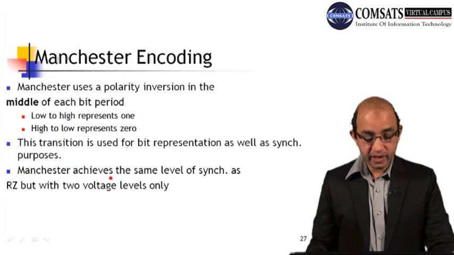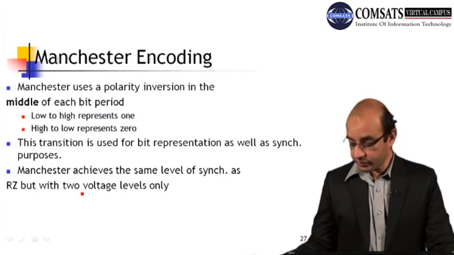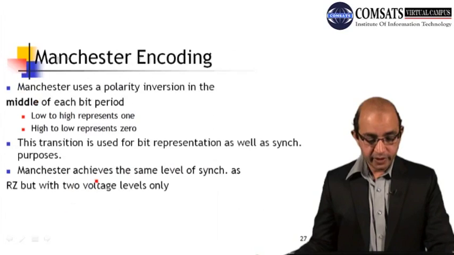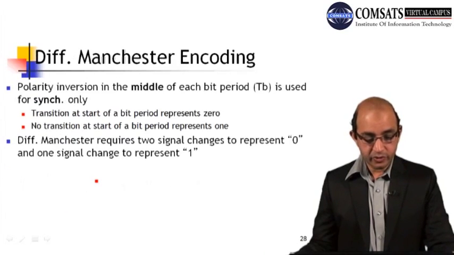So Manchester achieves the same level of synchronization as return to 0 with 2 voltage levels. So here we are using 3 voltage levels, right? Higher voltage, and this is the 0, and then negative voltage. 3 levels have to be used over here, but in Manchester we are using only 2 voltage levels.